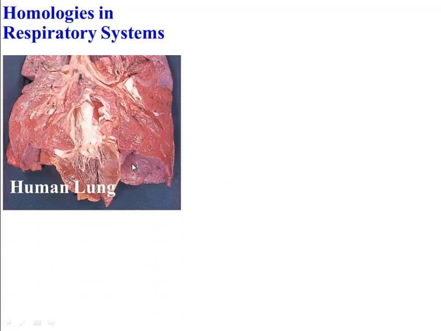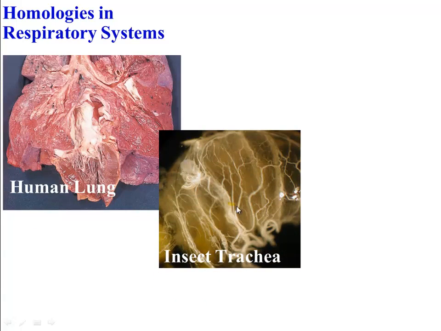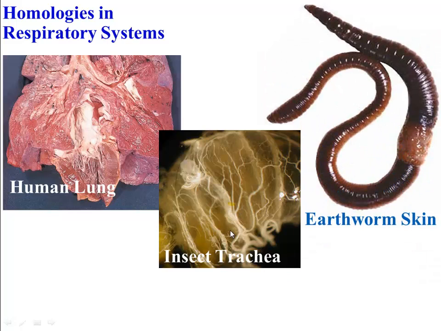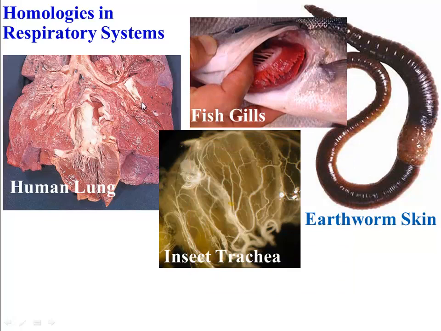One final note about respiration. We just explored the human respiratory system, but there's something interesting that it has in common with other animals. Here are human lungs, the trachea of insects, the skin of earthworms, and the gills of fish. These are all the respiratory structures in various animals.